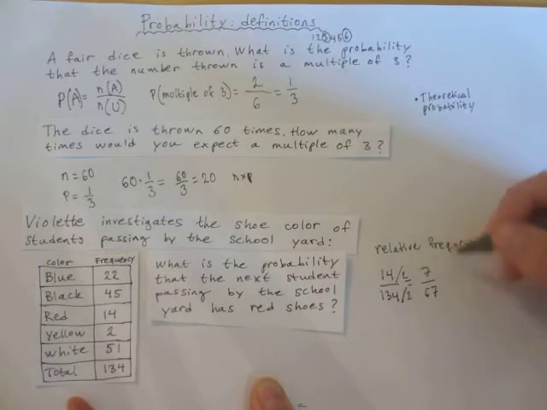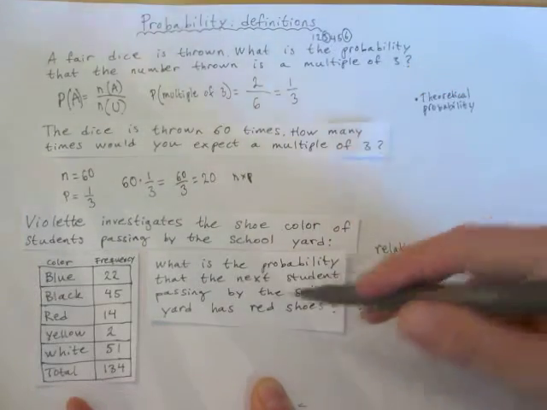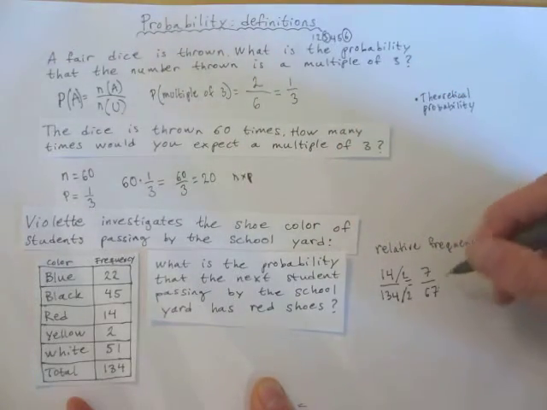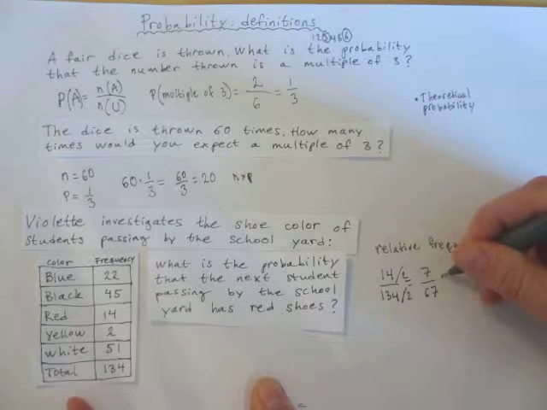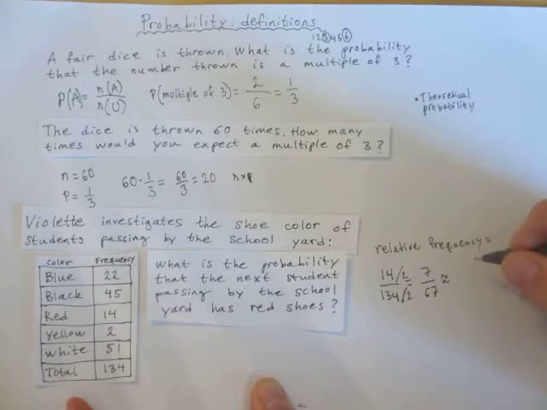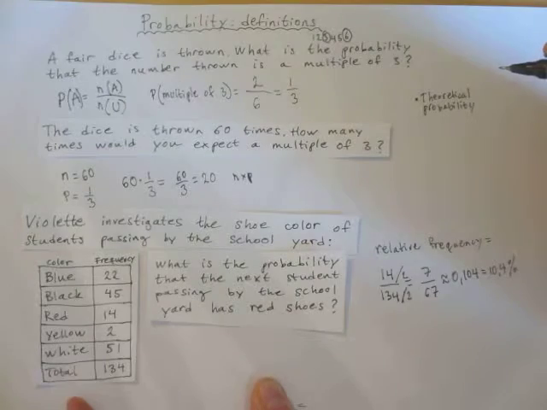So we could also say that the relative frequency for a student passing by the schoolyard to have red shoes is 7 divided by 67. Or we could also calculate this and get a decimal, and this would then equal 10.4%. That's also a way of doing it.